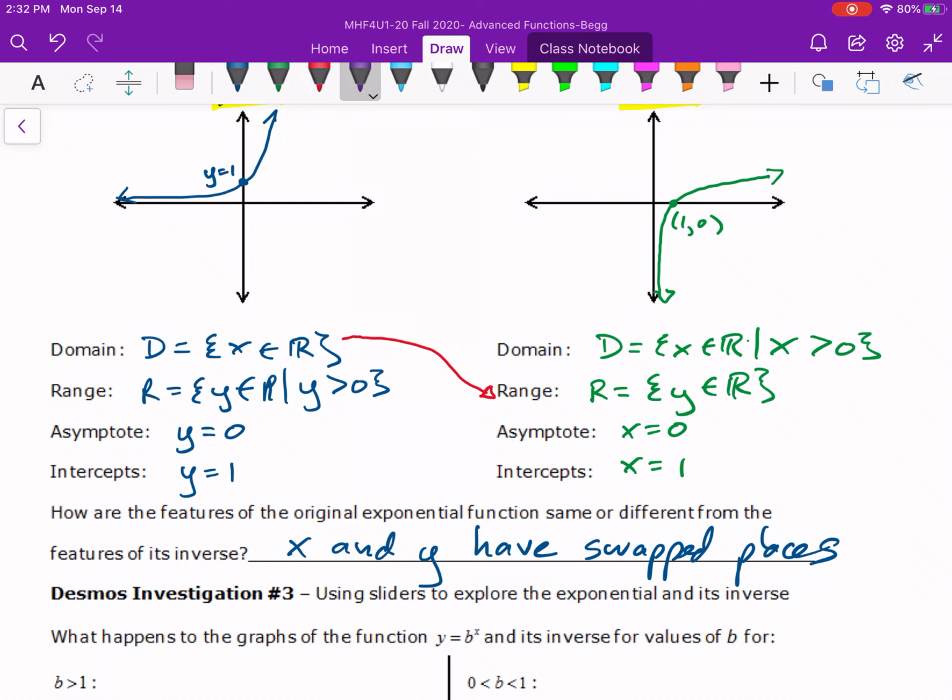The range of the original function has become the domain of the inverse. The horizontal asymptote on the first one has become a vertical asymptote on the inverse. The y-intercept has become an x-intercept. So all the things have just been reflected in the line y equals x, and we switched x and y to make this happen.